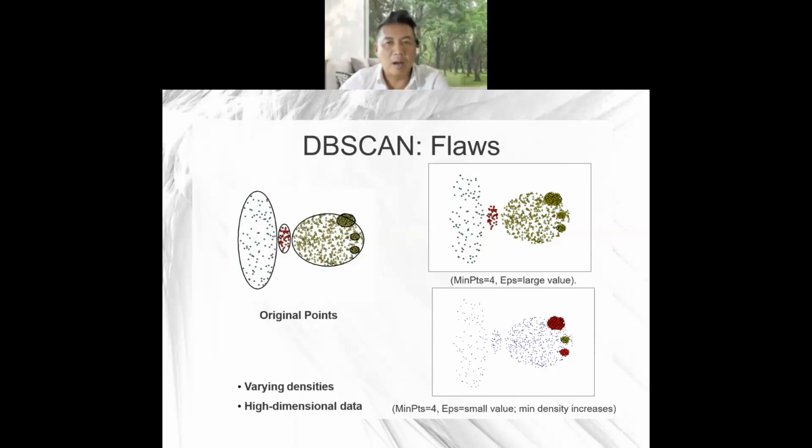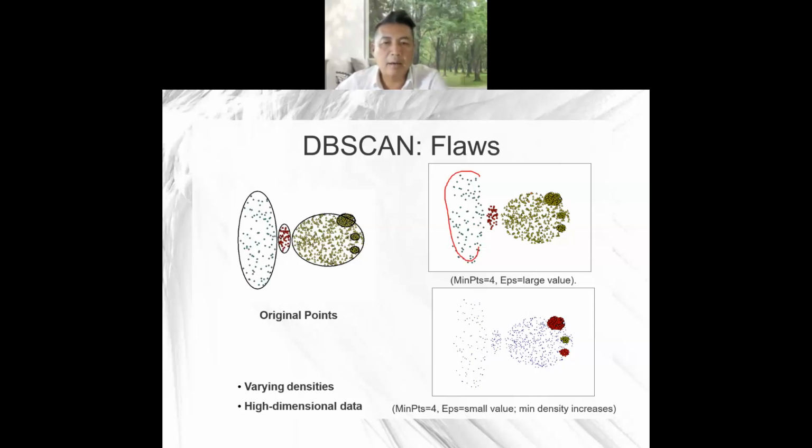So one of the flaws for this one is that if you have different densities, you won't be able to cluster them. For example, like this, you won't be able to cluster this.